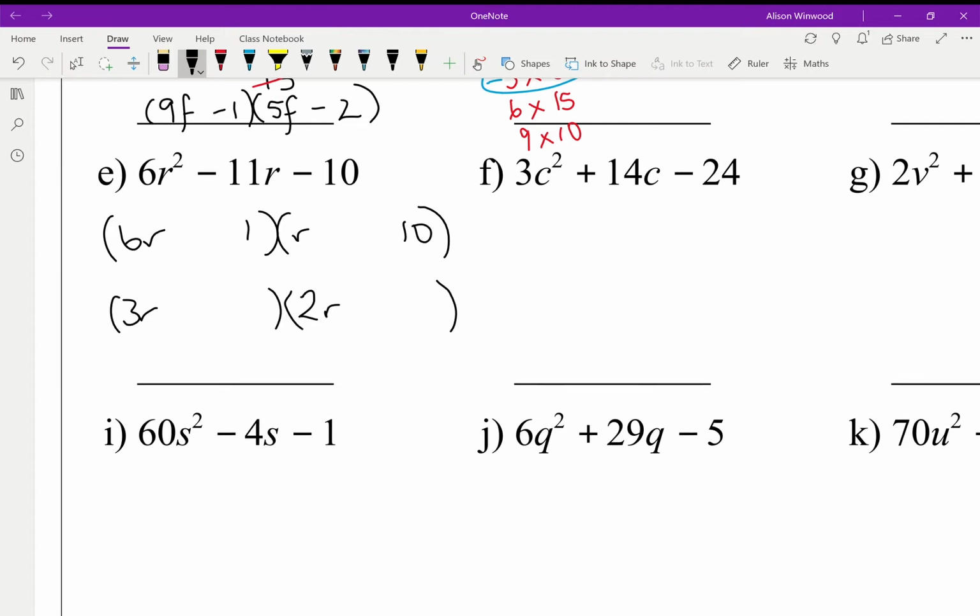Well, that clearly doesn't work in that combination. Or I could have 2 and 5. That's not going to work. What about if I use 2 and 5 down here?